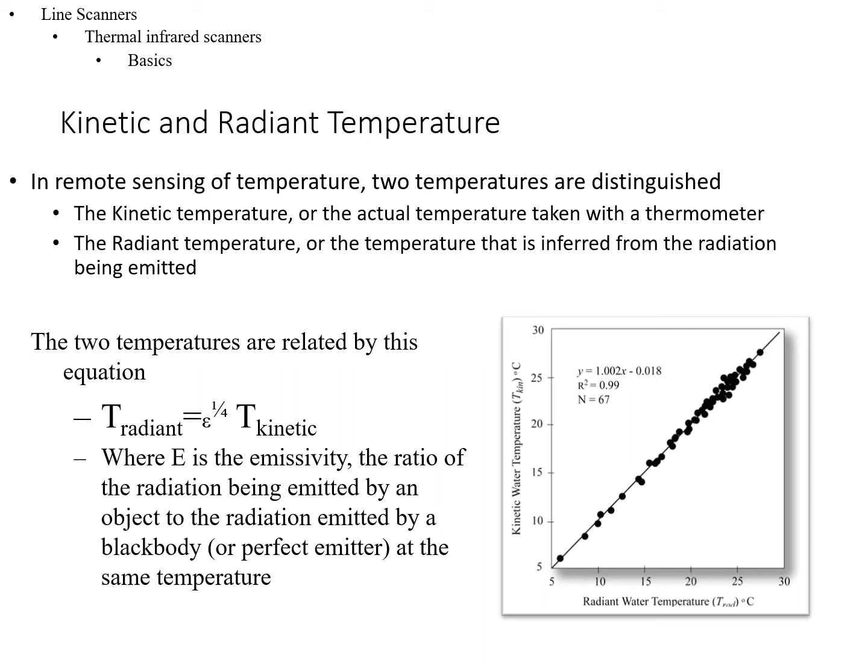The radiant temperature is equal to emissivity to the quarter power times the kinetic temperature. And emissivity is just kind of a function of the type of surface we're talking about. If we're talking about what we call a black body, that would be a perfect emitter, and the emissivity would be 1. Things like water are almost perfect emitters.